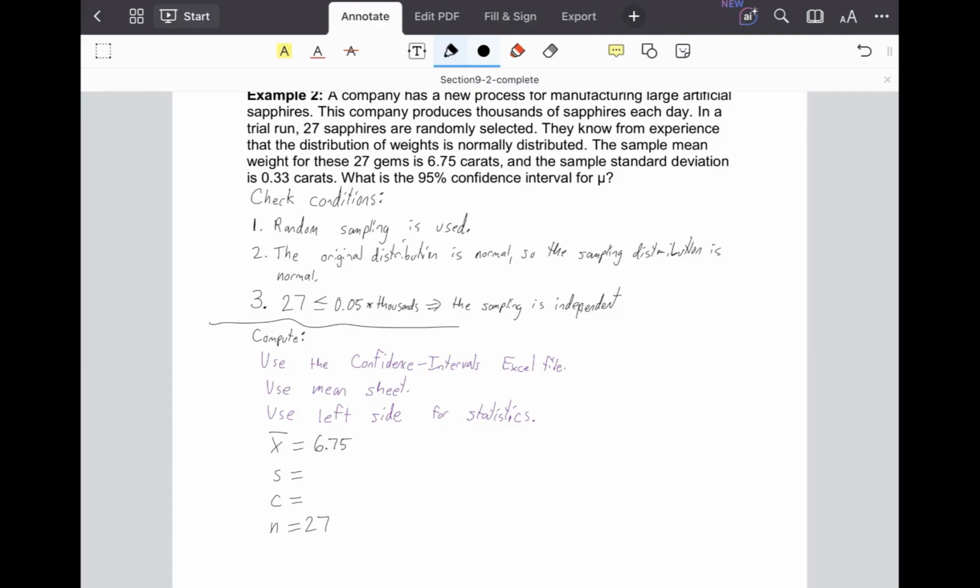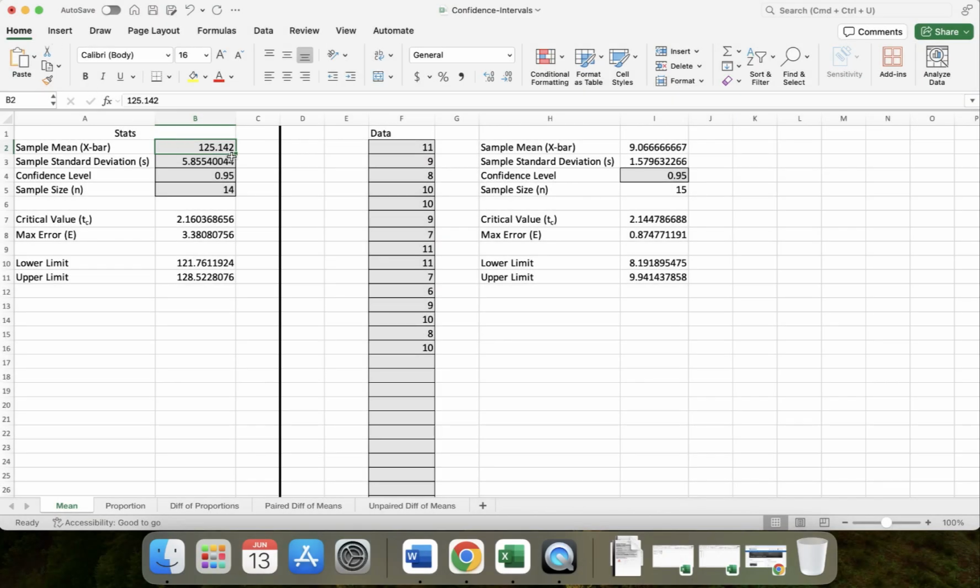Sample standard deviation, that's S, 0.33. And then they want us to construct a 95% confidence interval, so 0.95. Now we can go back to the Excel file and plug those in.